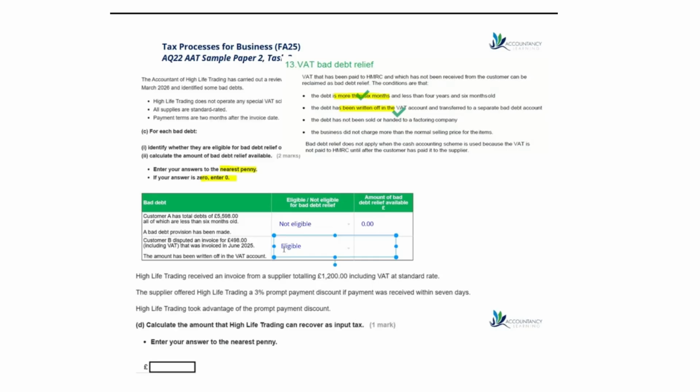So that's eligible for the relief. And then we need to do the amount of bad debt relief available. So we need to work out what the VAT amount would be. So whichever your preferred method is, 498 divided by 120 or divided by 1.2, and then that's your net amount on which you can work out the VAT. And that comes to £83.